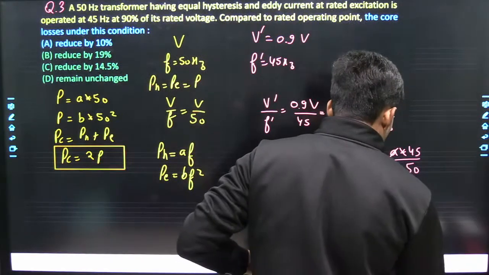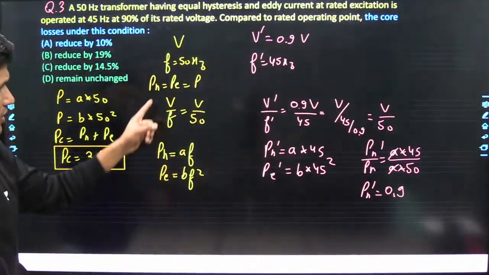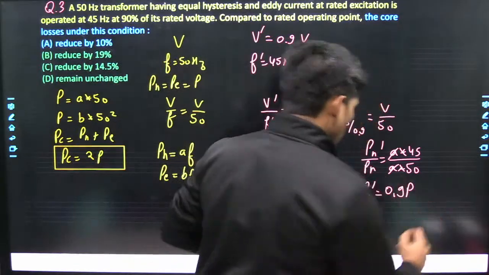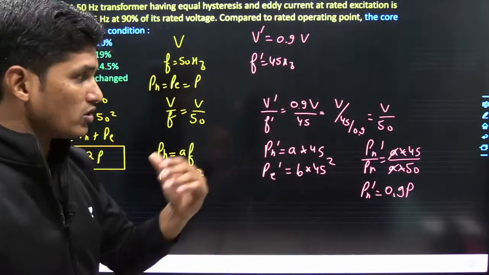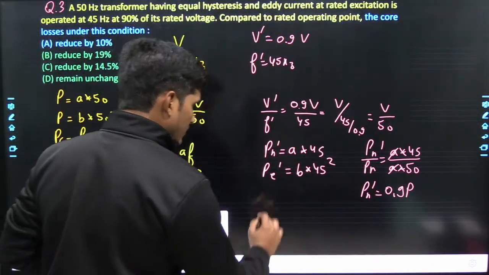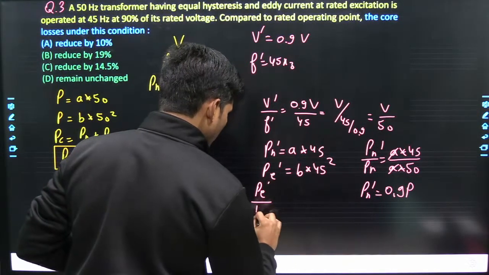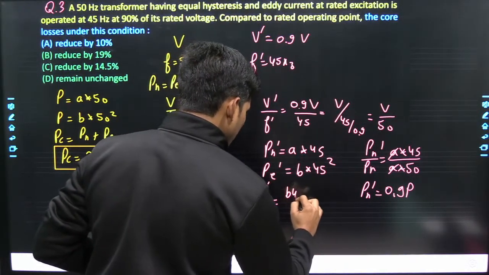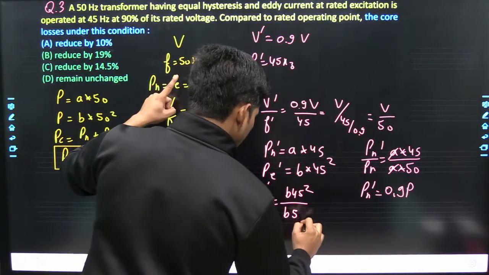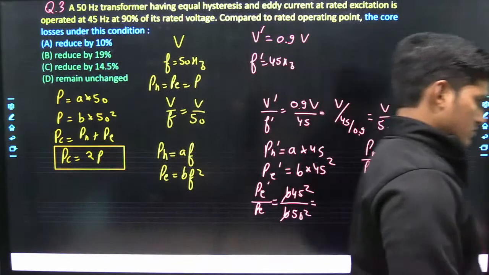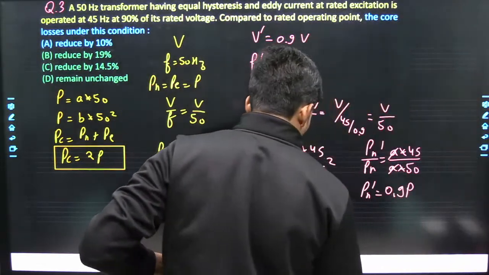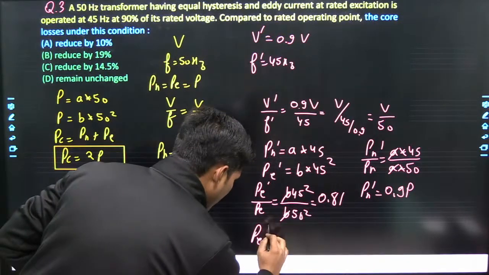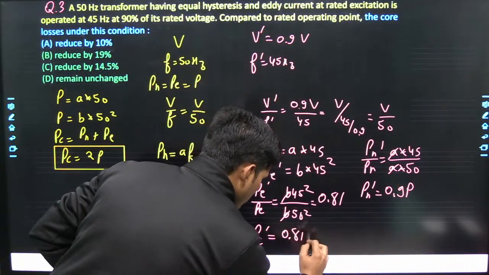So it becomes 0.9 times PH, and PH is P. So we converted this hysteresis loss in terms of P. Similarly, we convert the eddy current loss in terms of PE, that is P also. So PE dash upon PE equals B into 45 square upon B into 50 square, that is 0.81. So I also converted this eddy current loss in terms of P.